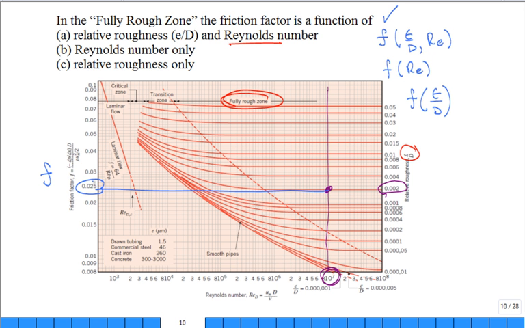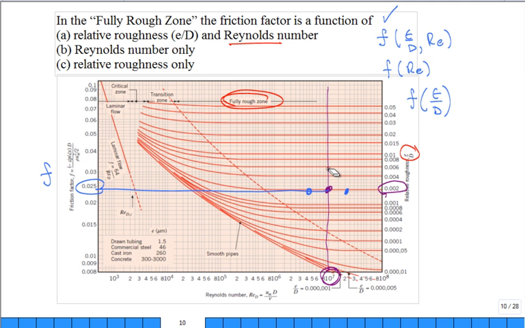Play the mind game. Let's change the Reynolds number. Let's boost it up by a factor of 2. I'm going to change the Reynolds number but not change the relative roughness. Did the friction factor change? No. Cut the Reynolds number without changing the relative roughness. Did it change the friction factor? No. Then play the other game.